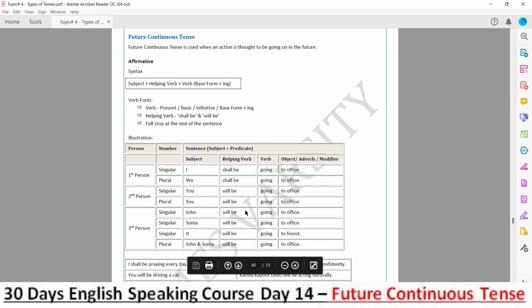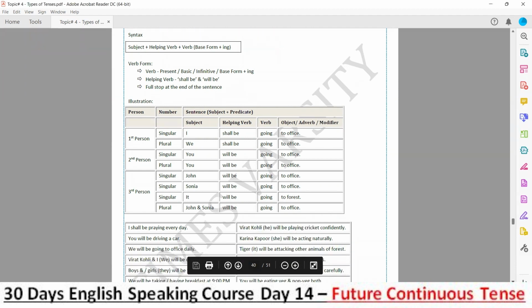And be is just another helping verb which is added, and the verb form is the ing form. So you will be going to office, and similarly, John will be going to office, Sonia will be going to office, it will be going to forest, John and Sonia will be going to office.